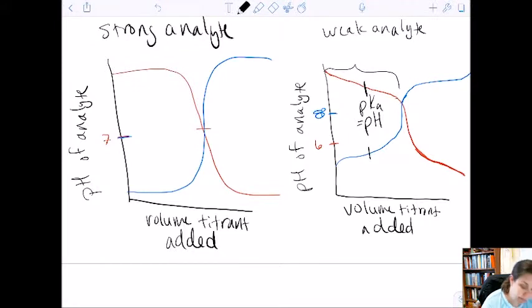So whatever the volume is that is halfway between our initial 0 volume and our equivalence point, basically half your volume to equivalence, pKa will equal pH, or rather in the case of the base, pKb will equal pOH. Okay?